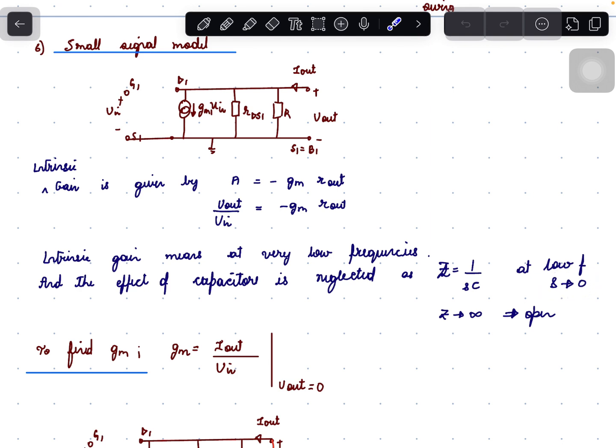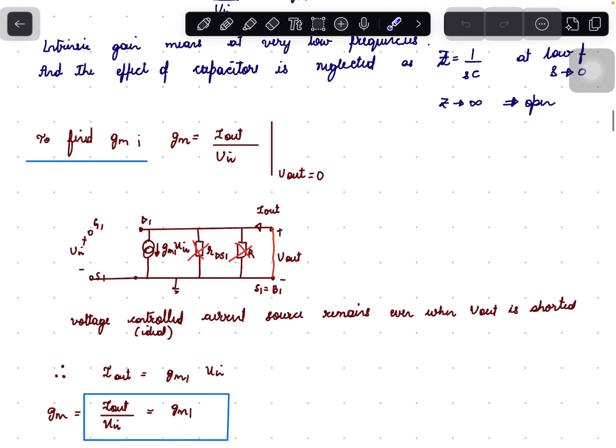So the effect of capacitors, whose impedance is given by 1 by sC: when s is at 0, Z is at infinity, which means we can open circuit all the capacitors when calculating the intrinsic gain.